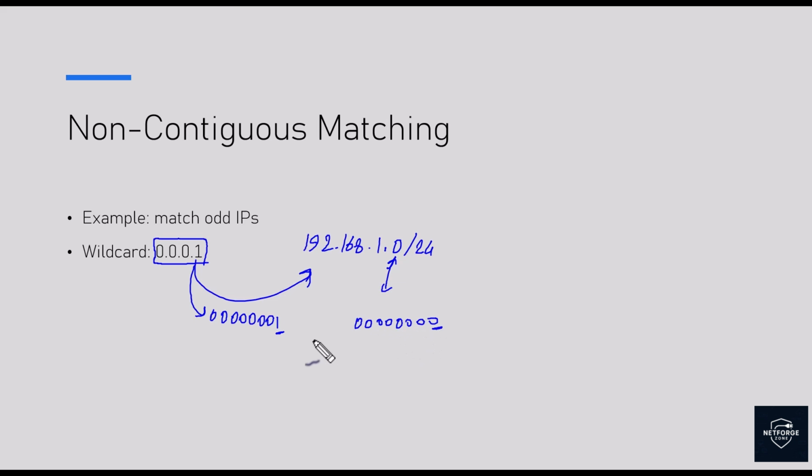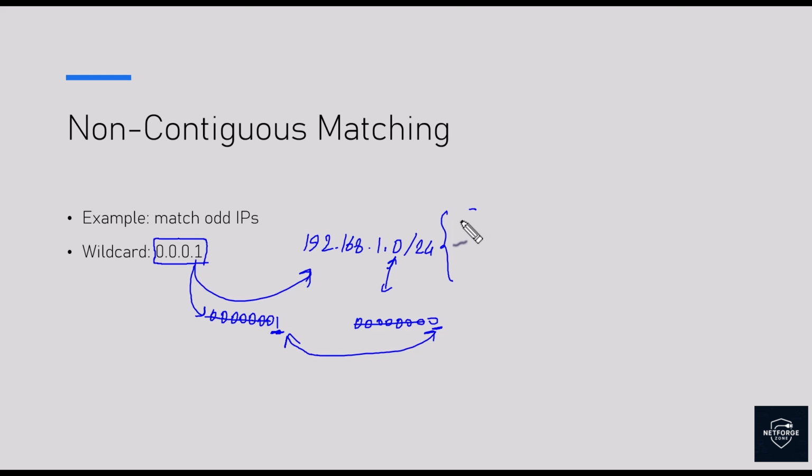So this one and this one, these two are important. This means that I just care about this last one. I don't really care about these. So in this case, when I am matching this, these two are not important. But let me just see what this is going to give me. This means that the last bit should be 0, right?